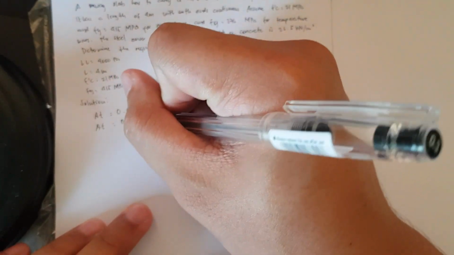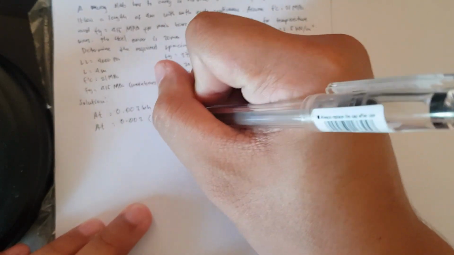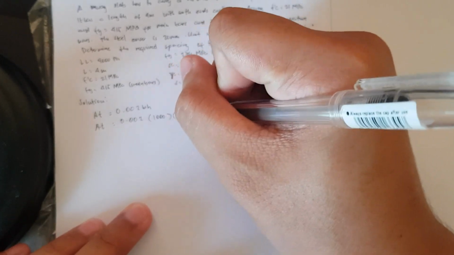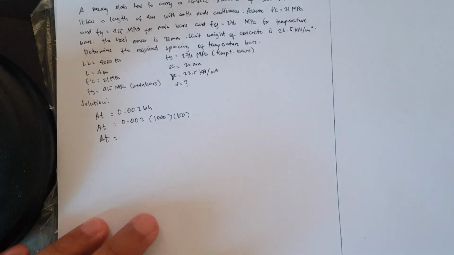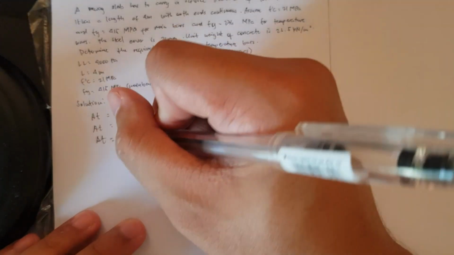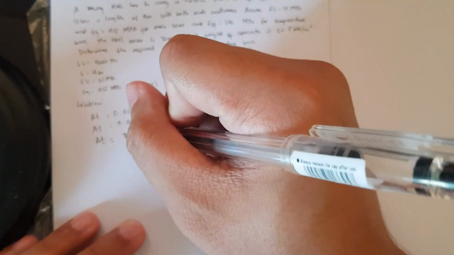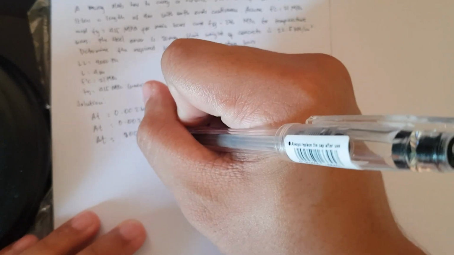So, 0.002 is yung base natin na 1,000 times 150. So, makukuha natin dyan is 300 millimeter squared.